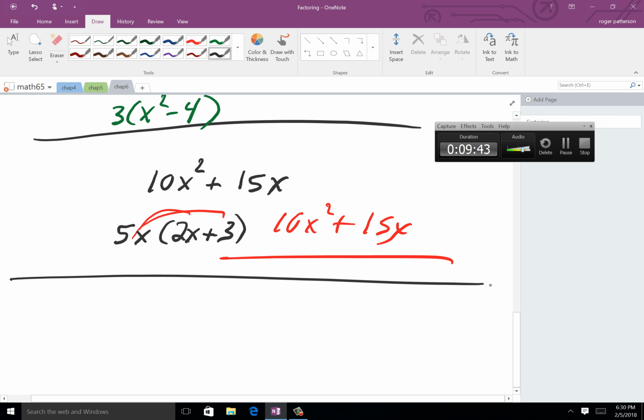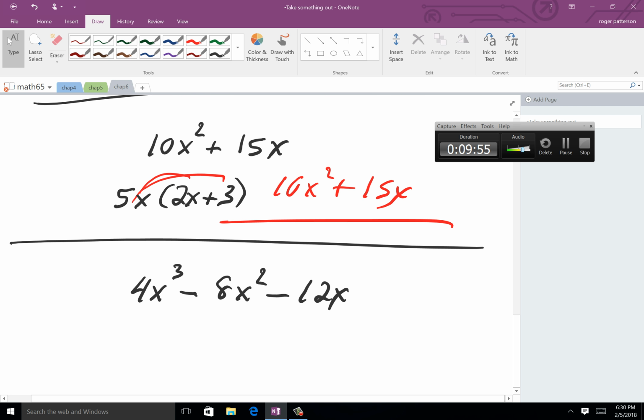Let's say we got 3. Okay, so now we have something like this one where we have 3 terms that we need to take something out of. So what goes into those? 4 and x, right? 4 goes into each one of the numbers.